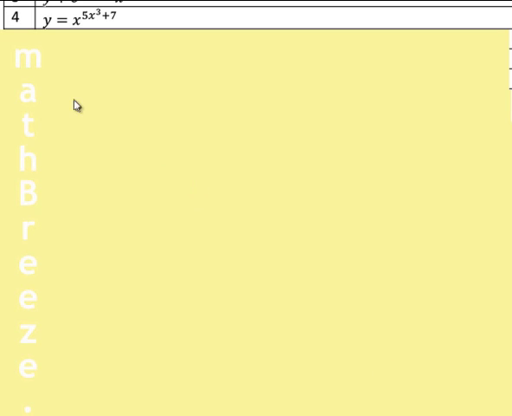In number 4, we have to use logarithmic differentiation because we have x in the base and x in the exponent. So we'll start by taking the log of both sides. I'll bring down the exponent right away. On the left, the derivative is y prime over y.